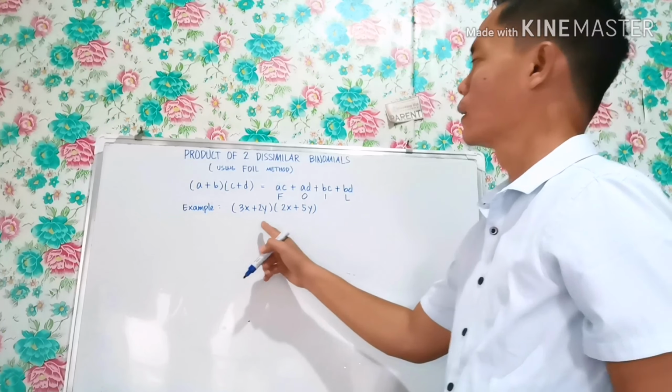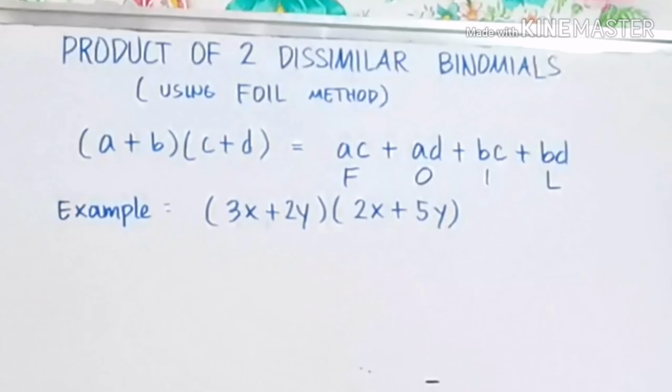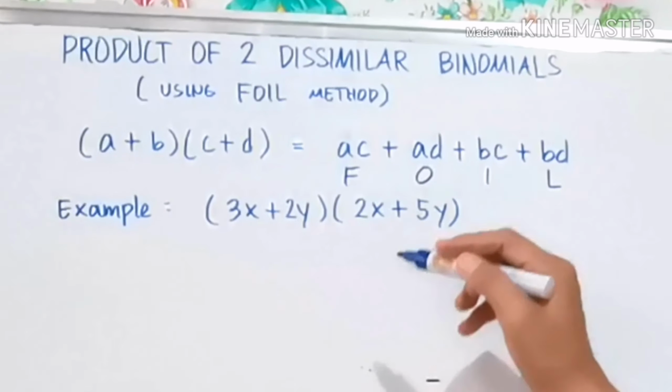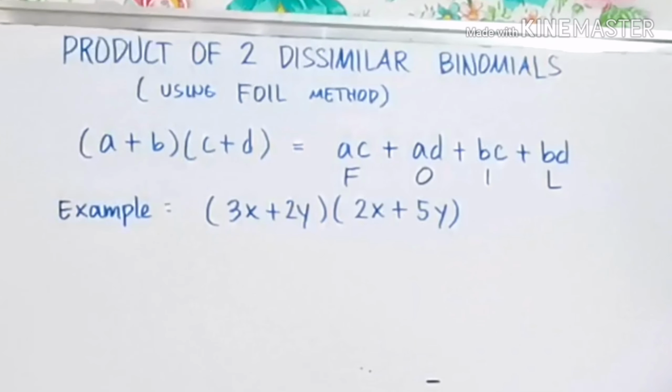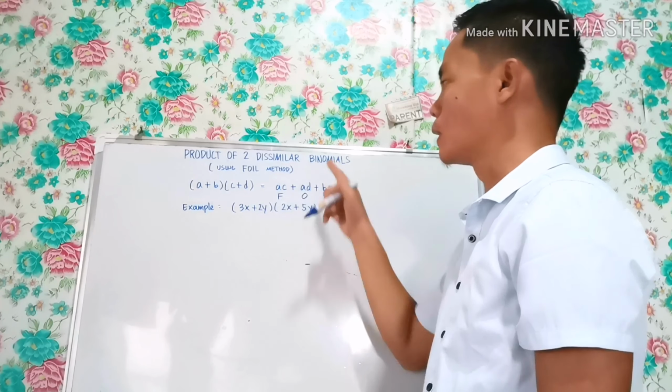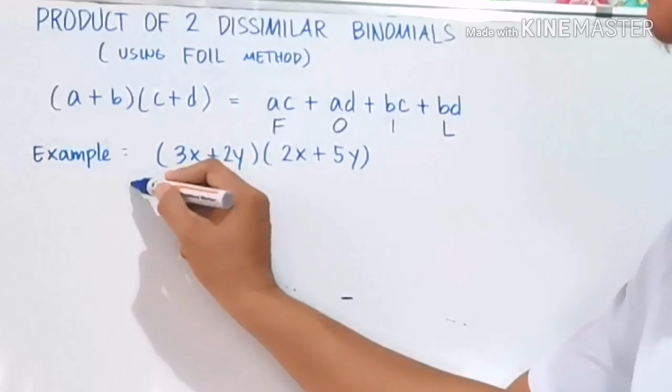If we have to find the product of two binomials, (3x + 2y) multiplied by (2x + 5y), we can call this a dissimilar binomial. Let's apply the method.